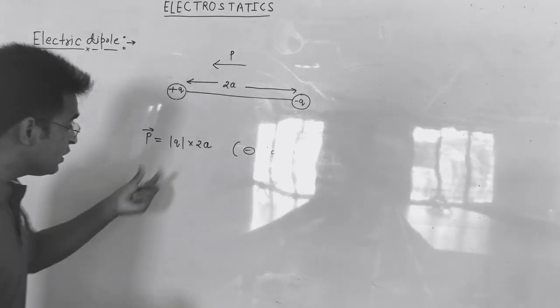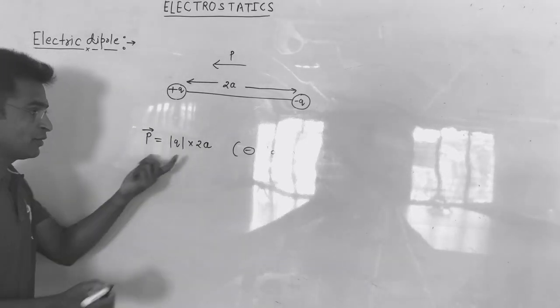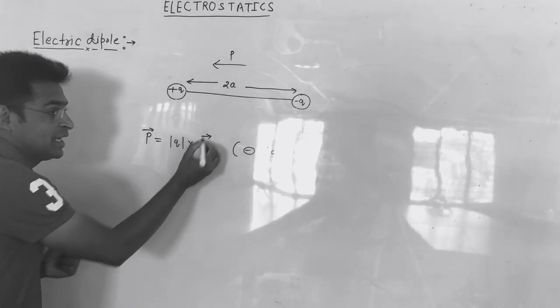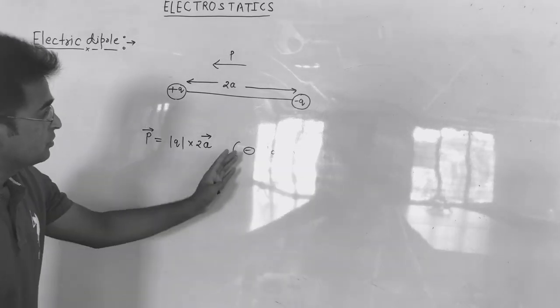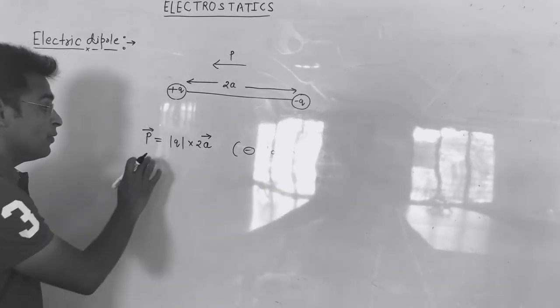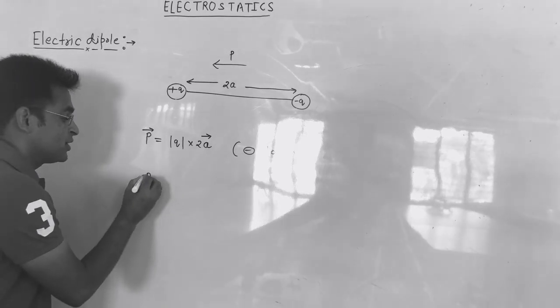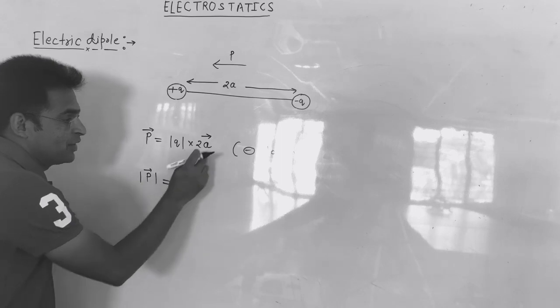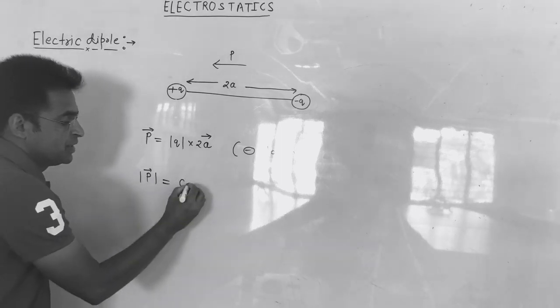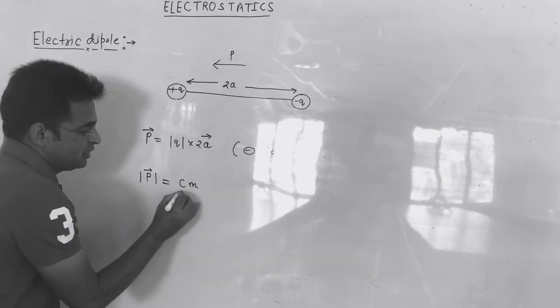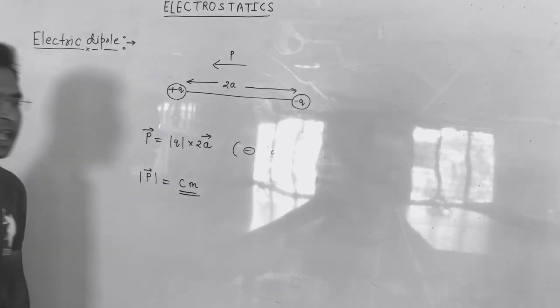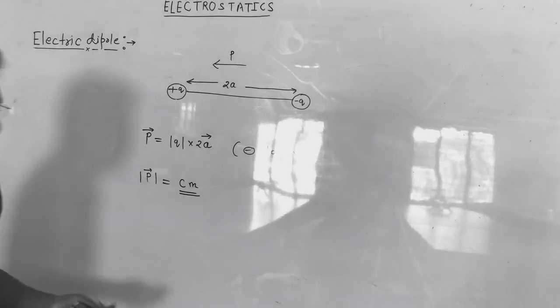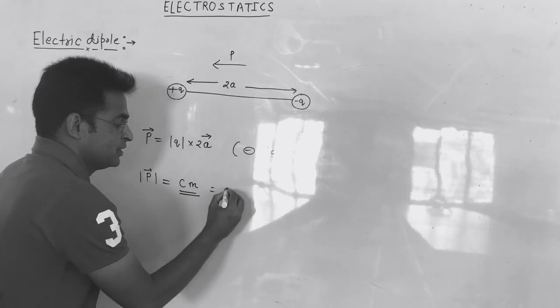Now what will be the unit of this dipole moment? It's a vector quantity, so direction will be there, and the direction is minus charge to plus charge. Now what will be the unit of this? What's the unit of charge? Coulomb. And what's the unit of distance? Meter. So the unit of this one is Coulomb meter. And obviously we can find the dimension of this one. What's the dimension of charge?